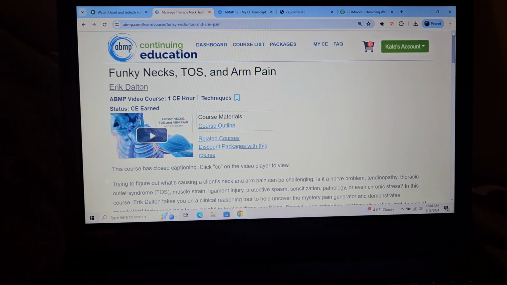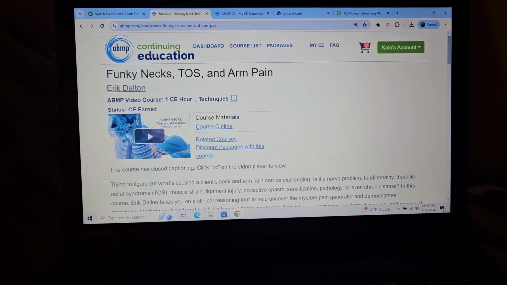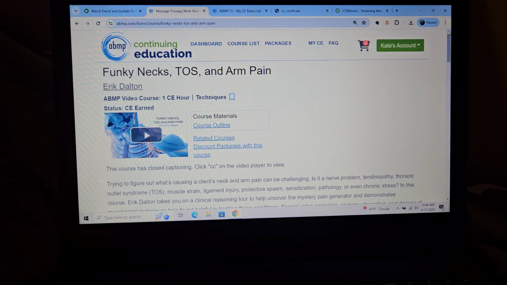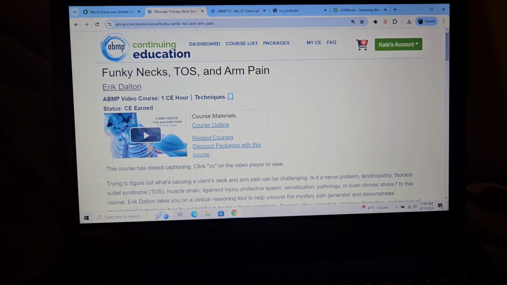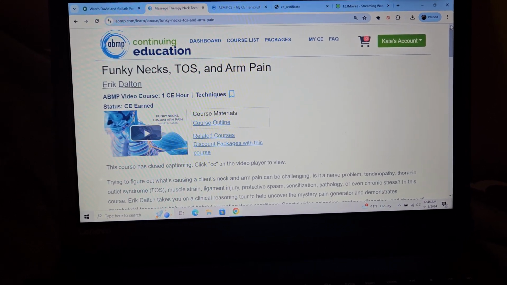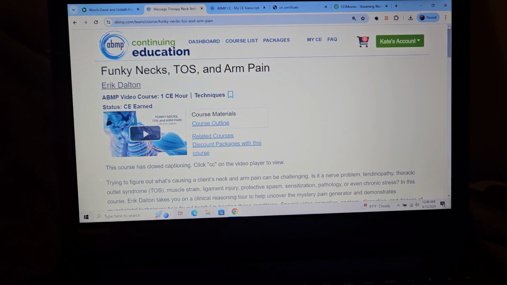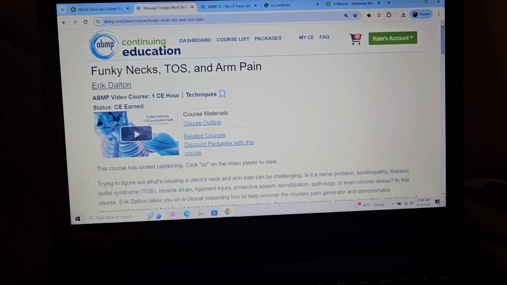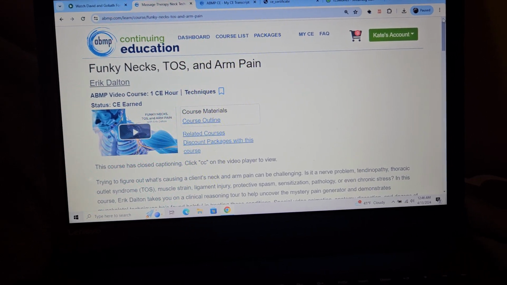So a lot of the techniques of, these are the techniques I have found to help free up the nerves and the necks and stuff like that, it seemed like a chiropractor should use those techniques, or an osteopathy Ph.D. doctor should use those techniques.